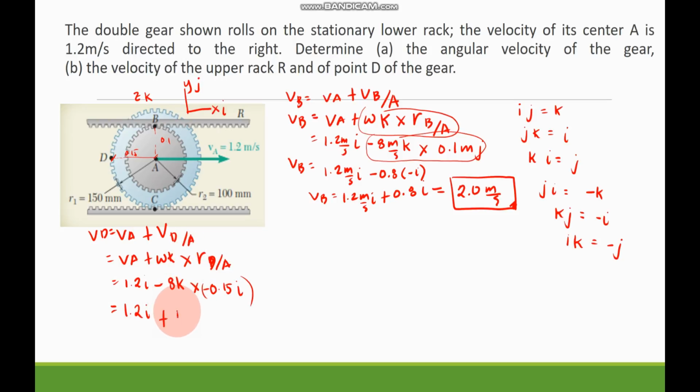So positive 1.2, and then K multiplied by I is equal to J. So 1.2J.